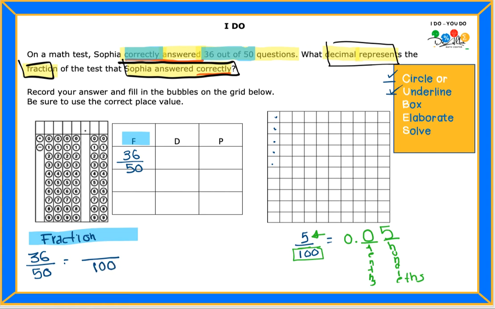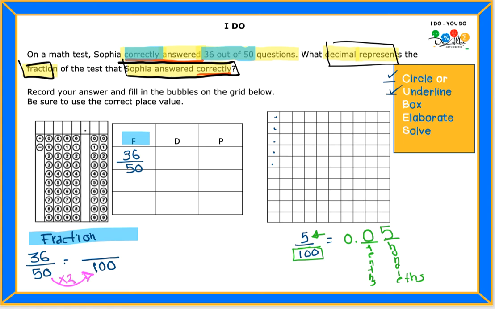And I notice that 50 is a very friendly number because how can I go from 50 to 100? I will have to repeat 50 two times. 50 twice or 50 plus 50 is the same as 100. So here we should have times 2.